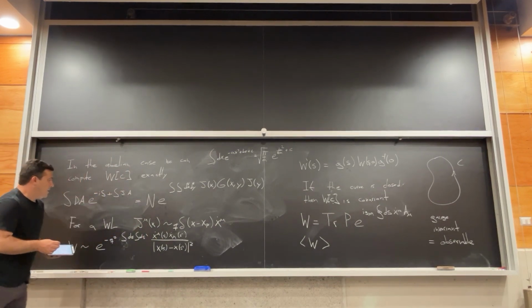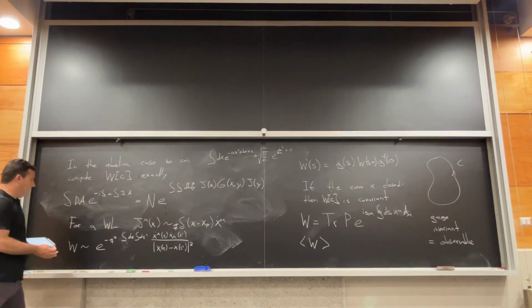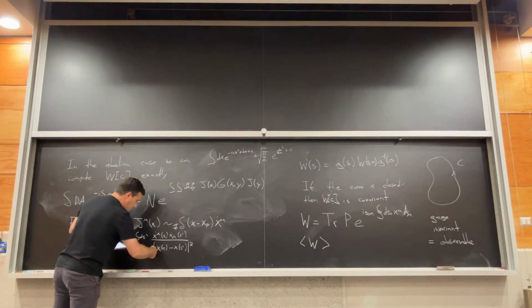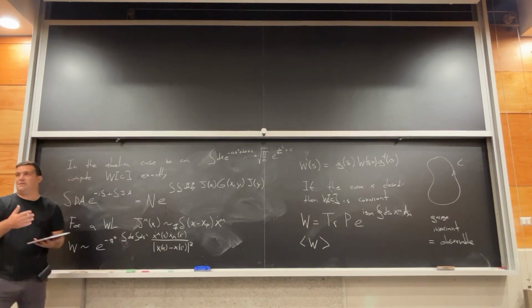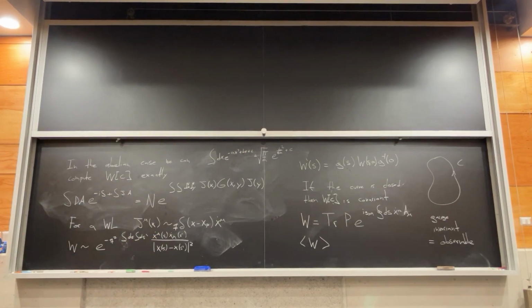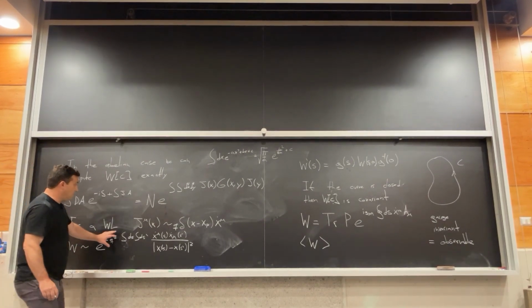Now this is divergent, of course, because at some point these two integrals will go over the same point. But we can regulate that, and that becomes a whole different story. But that's an example of a Wilson line that you can compute.